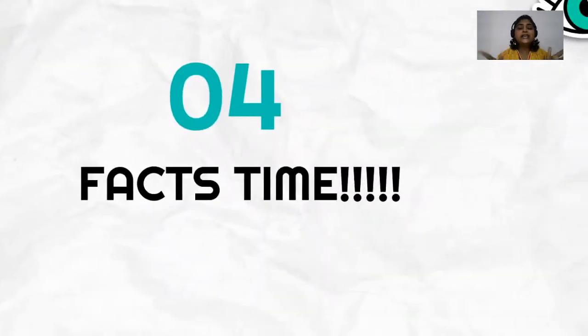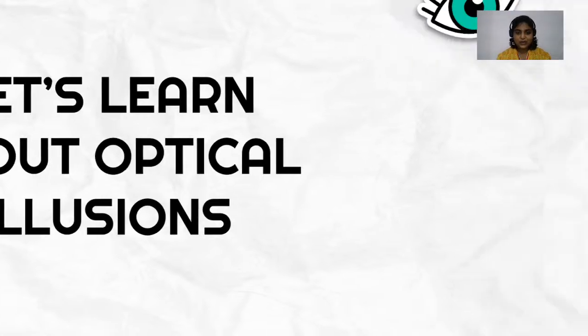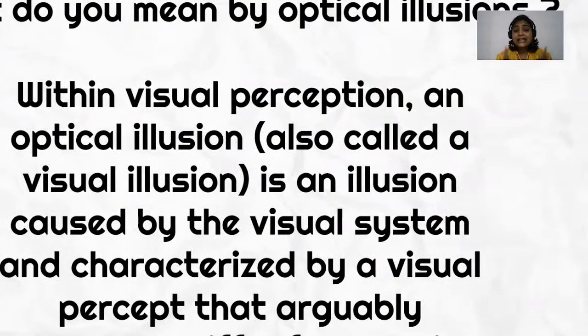Now it's basically facts time. Let's see certain interesting facts related to colors, eyes and so on. Now let's learn about optical illusions. What do we mean by optical illusions?